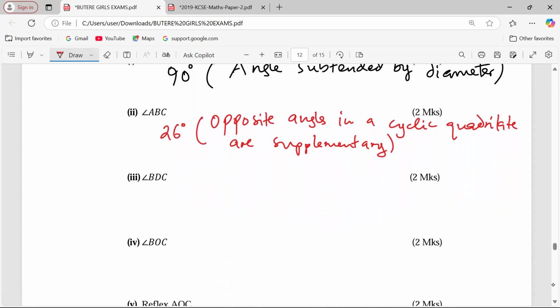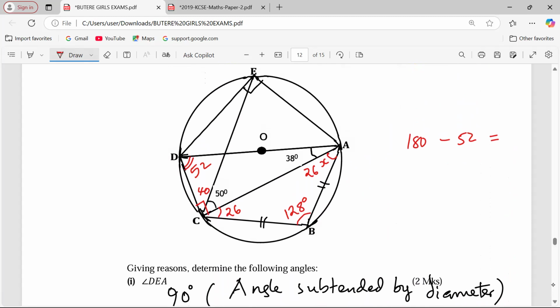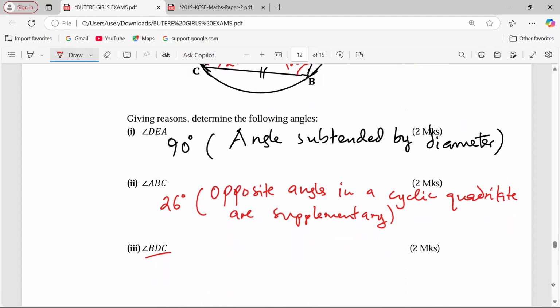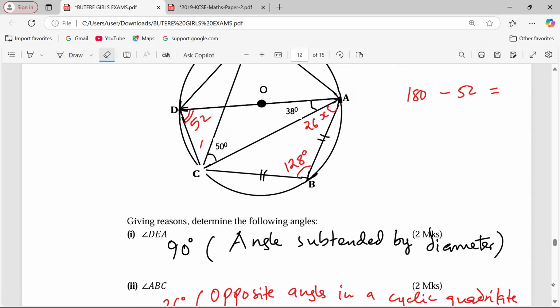Let's look at, okay, A, B, C we have done. So B, D, C. BDC. Let me talk of another angle there. So the angle is supposed to be at this point, BDC.